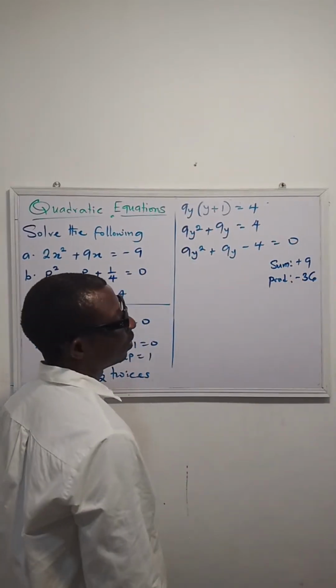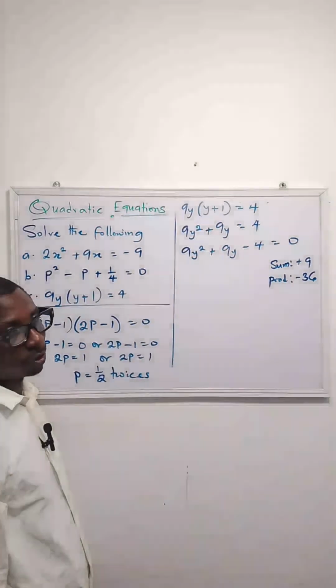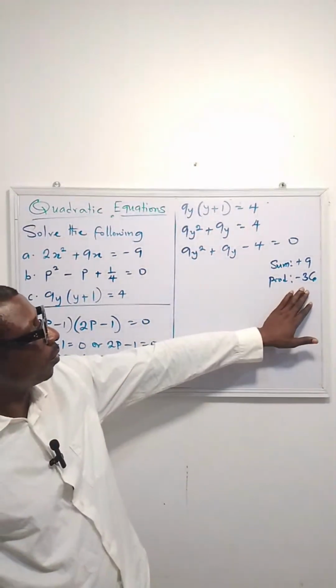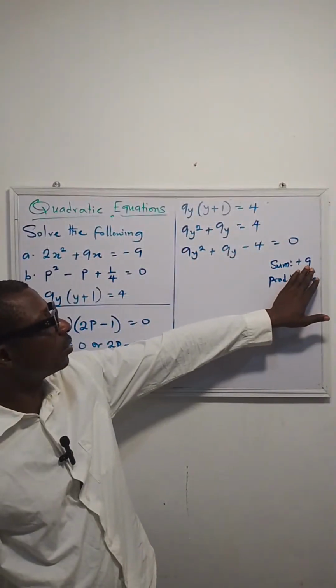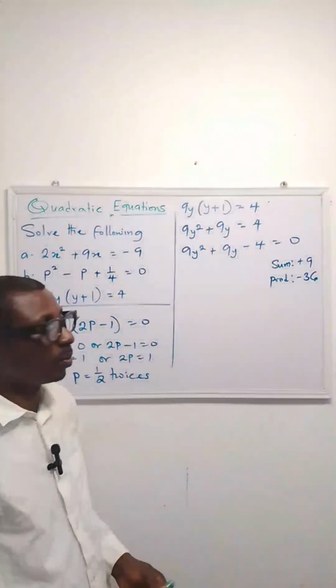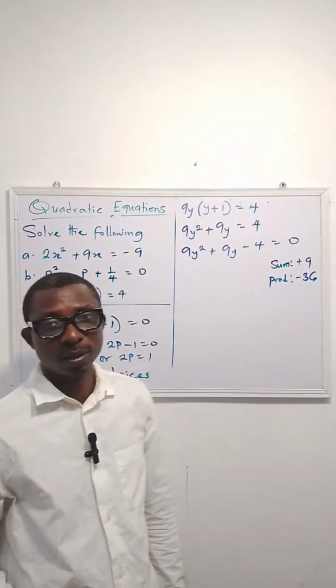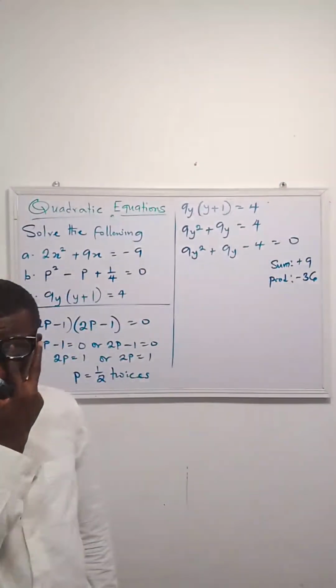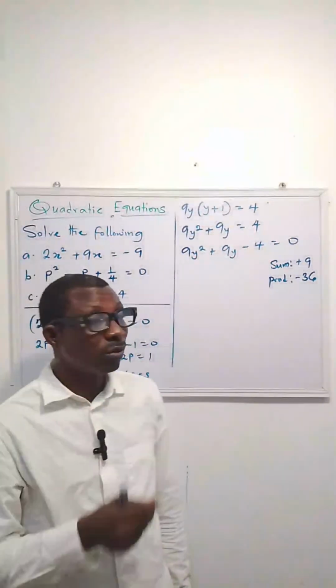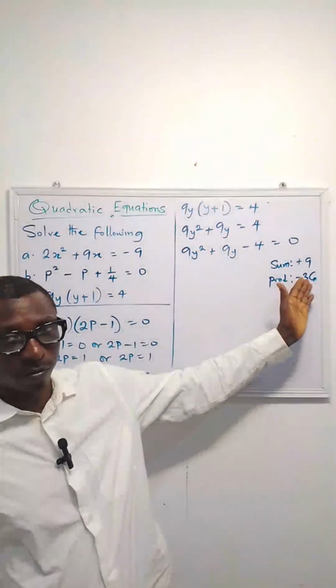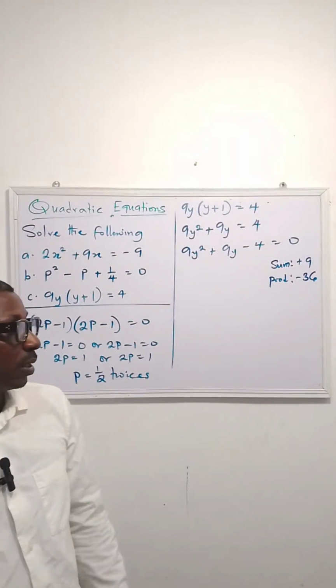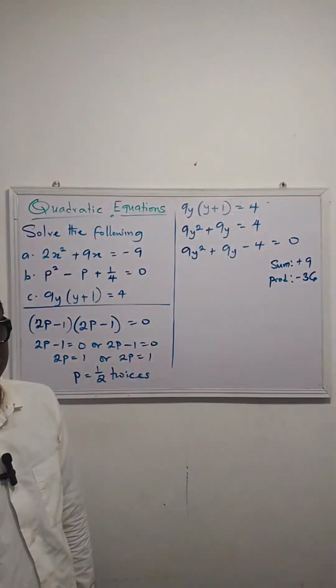So now we need two numbers such that when we multiply together, you have negative 36, and when you add together, you have plus 9. Can you get that for me, the two numbers? Don't forget I told you, begin to think of factors of negative 36.